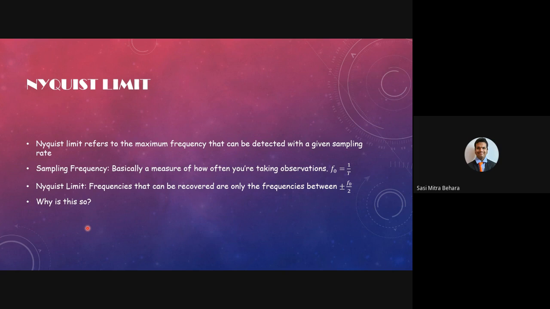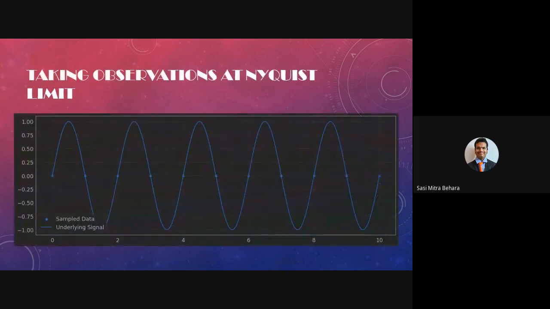Now let's try to understand why this is. There is a mathematical explanation, but let's try to look at some actual data, I mean, simulated data rather. If I'm taking observations at the Nyquist limit, over here I have a periodic signal, and the periodic signal has a frequency of the Nyquist limit.